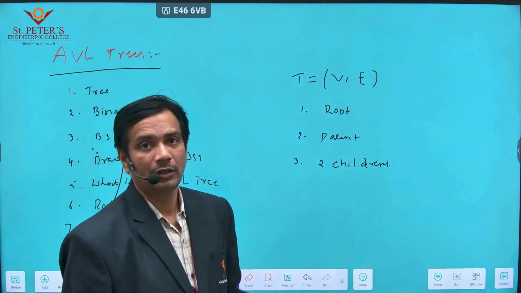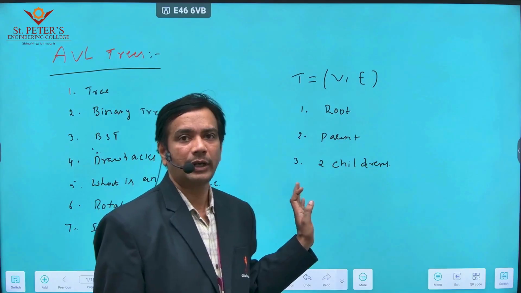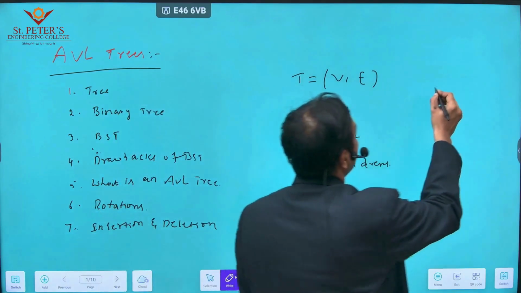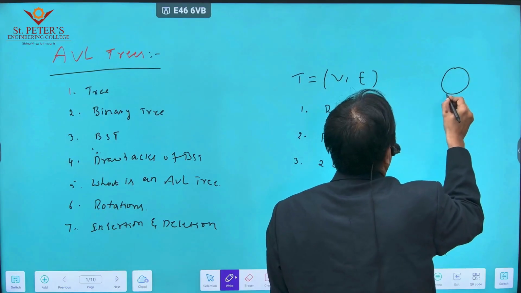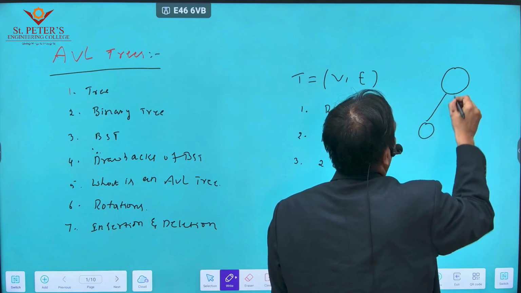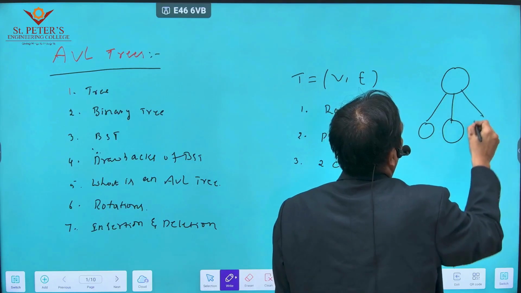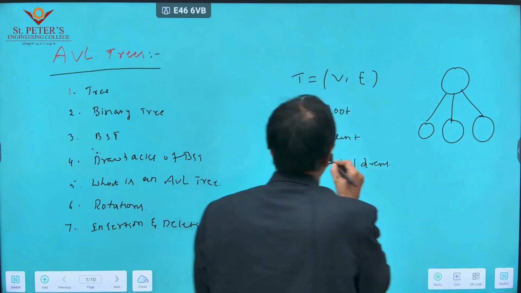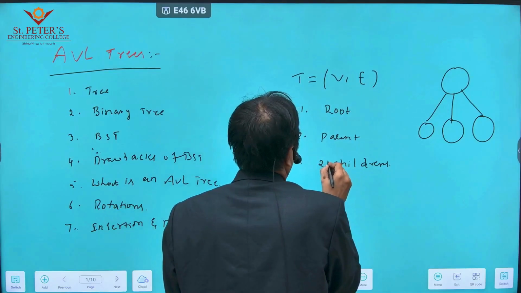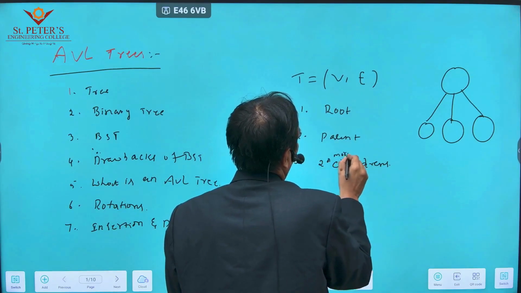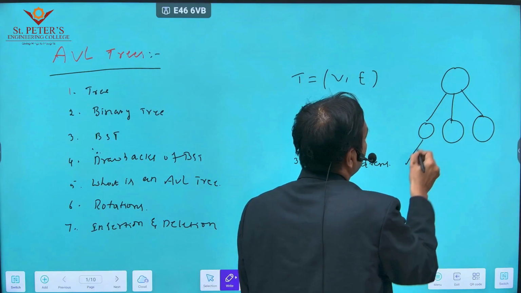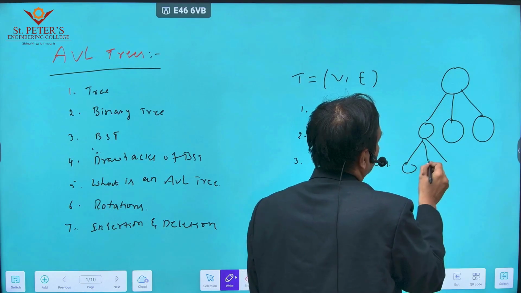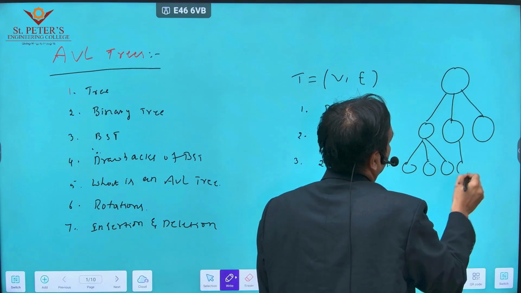So these are the basic concepts of a tree. In a general tree, we consider two or more children, so any number of children.